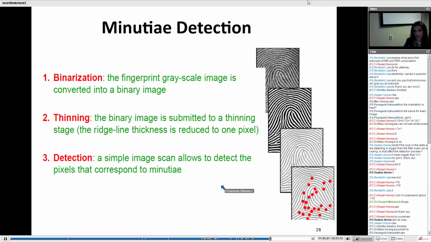So these are the main steps involved in automatic minutia detection. Any question about this part? If you have an exam later on, I may ask you to remember the meaning of the main steps for detecting minutia points, so level 2 features.